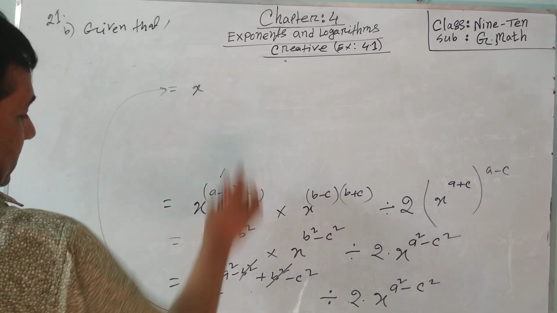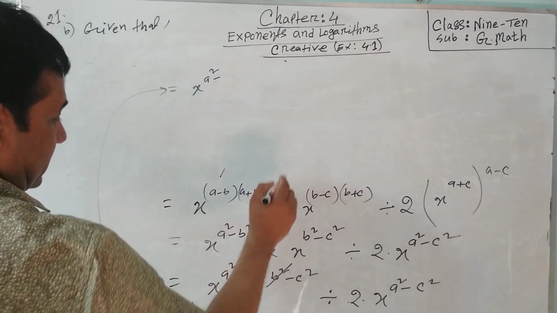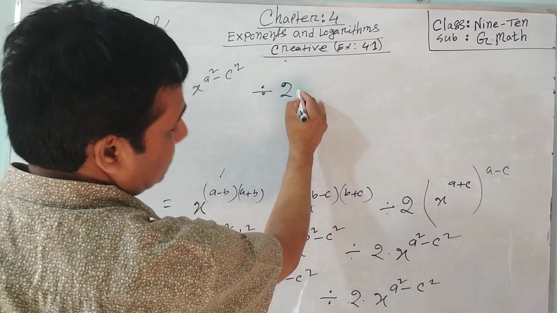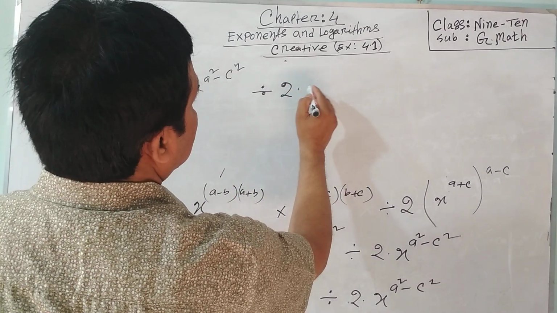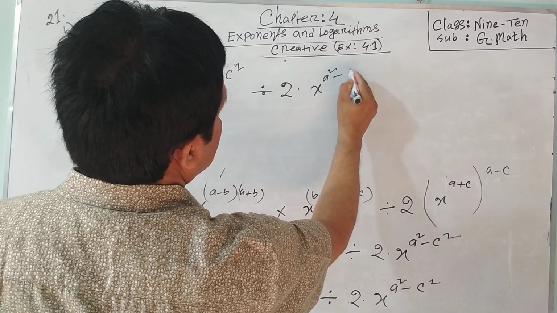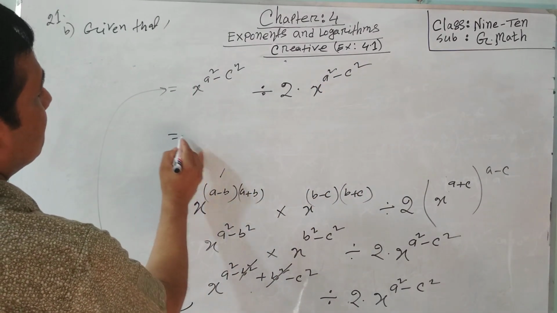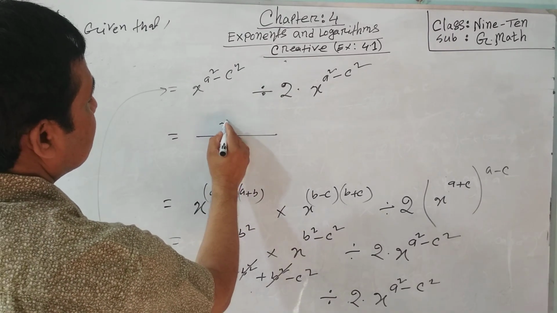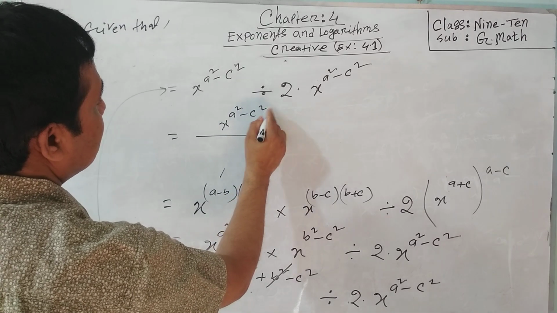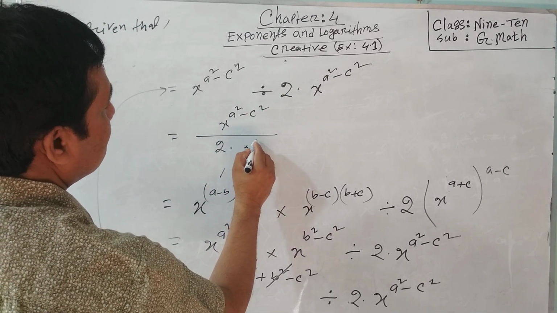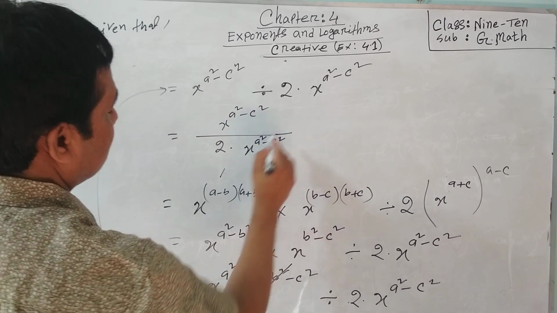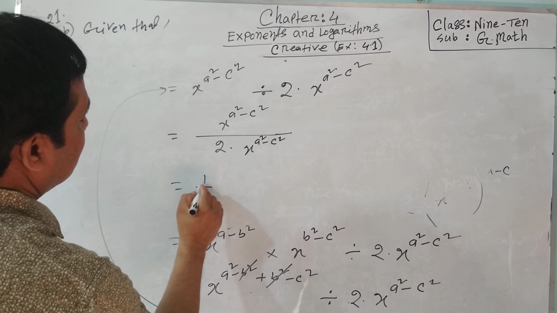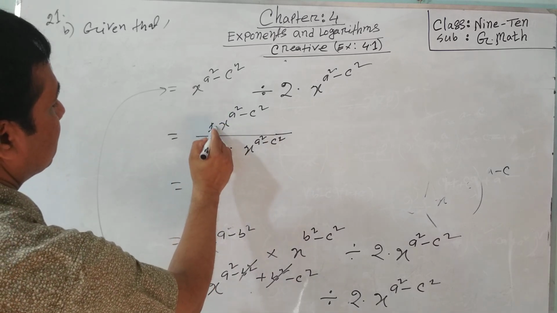Here x to the power a square minus c square, division 2 into x to the power a square minus c square. Here the coefficient of x is 1.